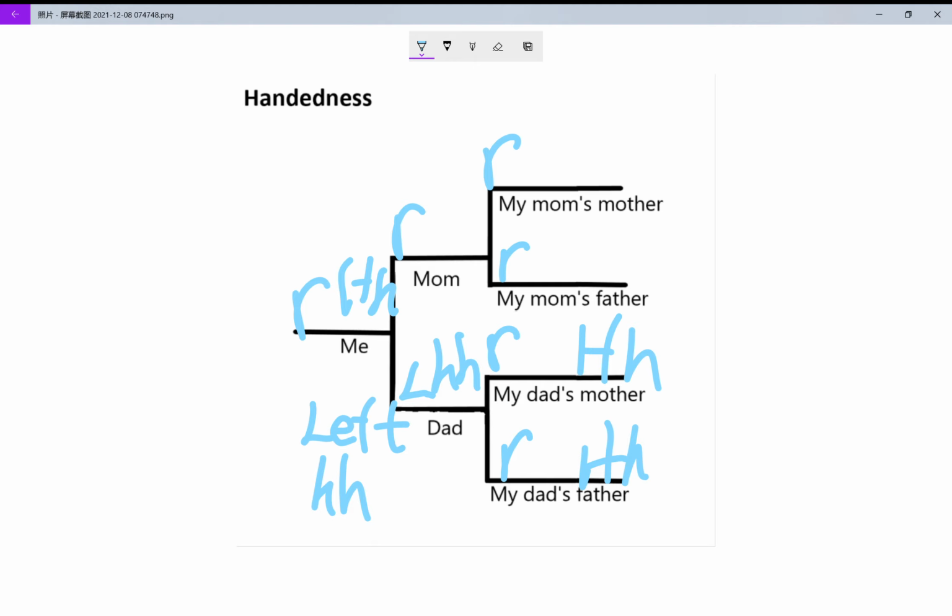Because of that, my dad's father can only produce a little d, so my grandmother can be 2 big D or a big D with a little d. Both of them are okay.